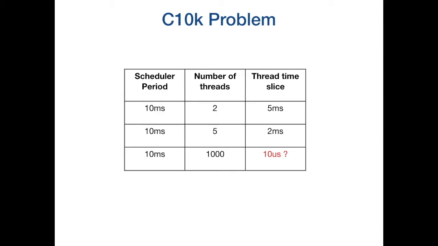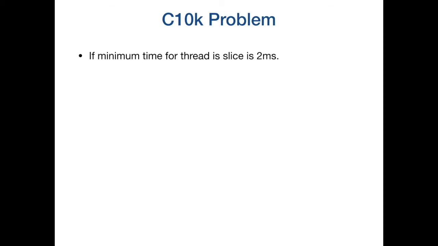But what if there are 1000 threads? Then each thread will get 10 microseconds. This would be bad as CPU will be spending more time in context switching than running the application. So to do any meaningful job, a thread needs at least a minimum of 2 milliseconds.